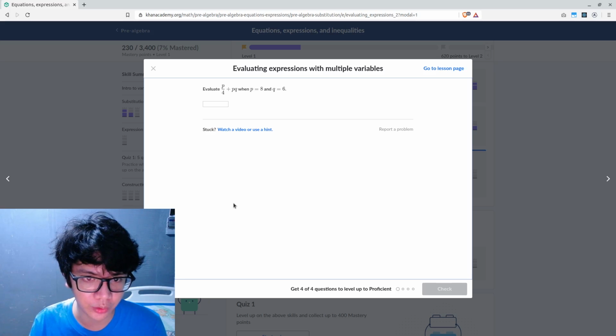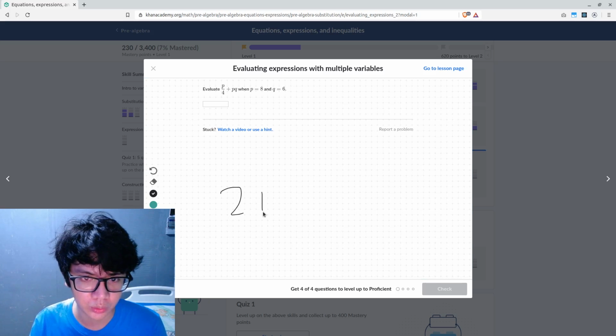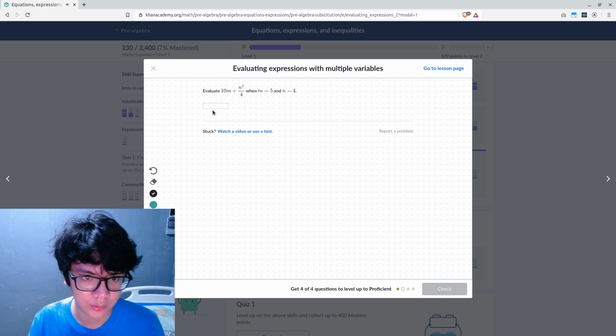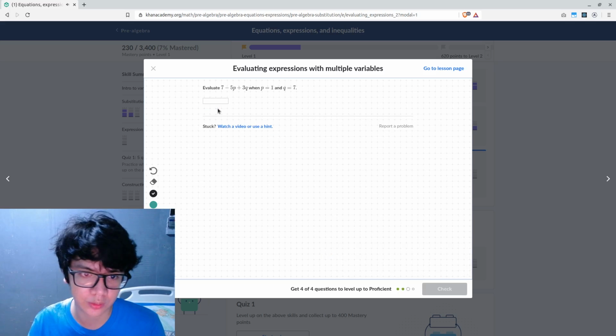P divided by 4, 2 plus 48, 50. Then M is 5, so we get 50 plus n squared. 4 times 4, 16 divided by 4 is 4 for 4.